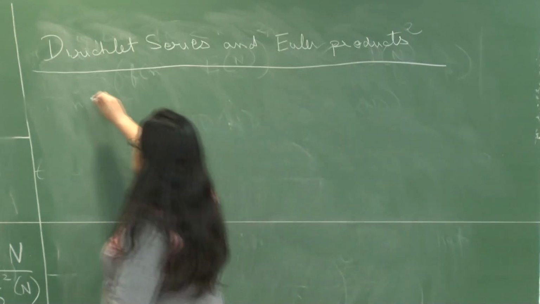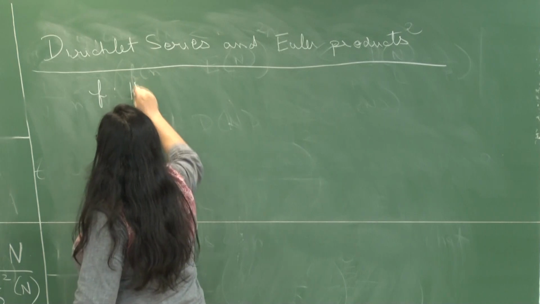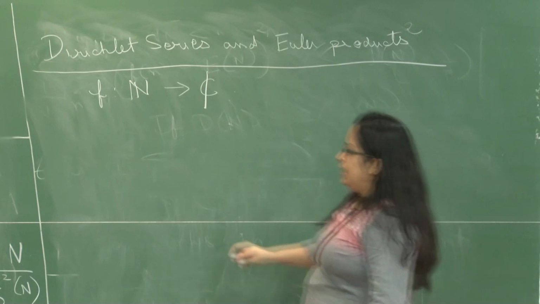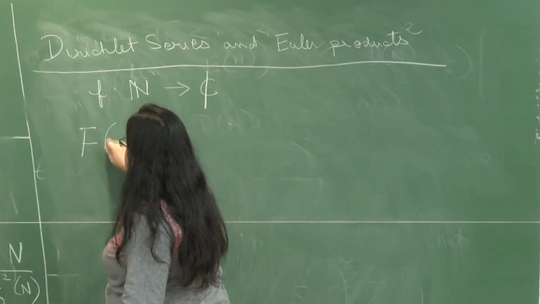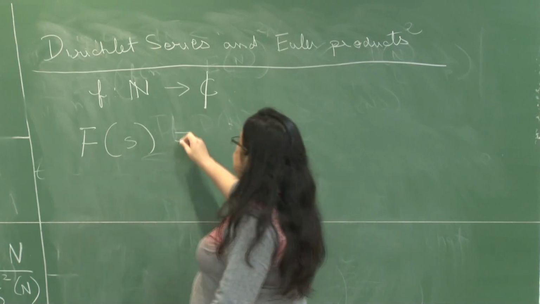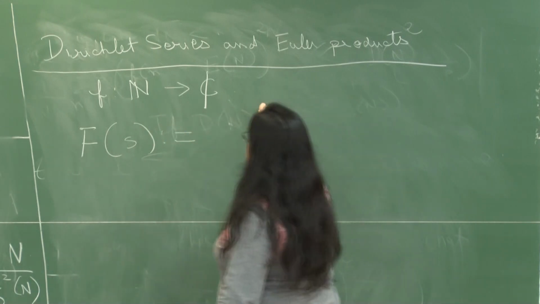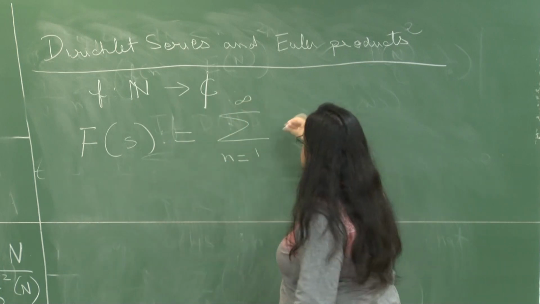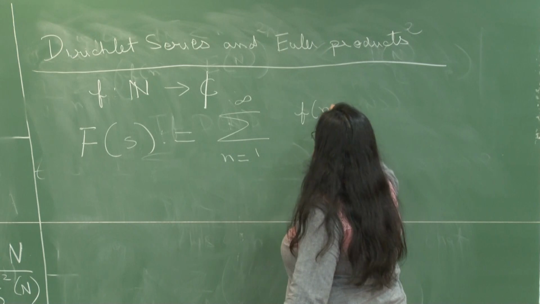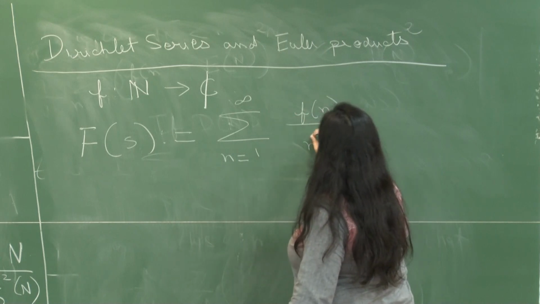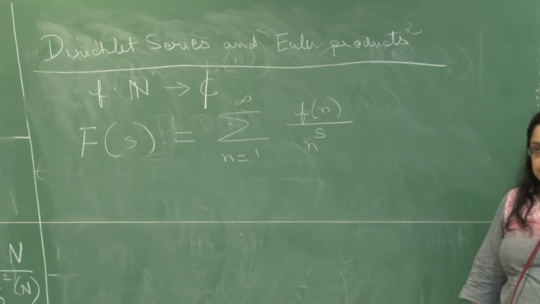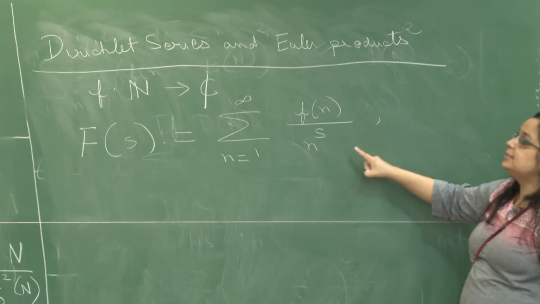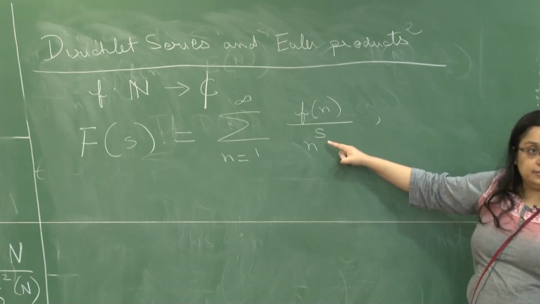So here the approach is, you take some arithmetic function and you define the Dirichlet series capital F of s to be equal to the summation, the infinite series coming from f of n over n to the s. And here we are going to study this for complex variables s.